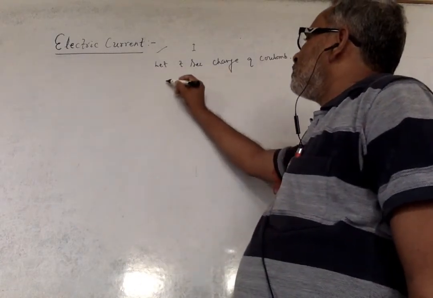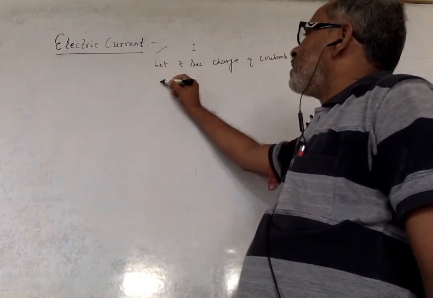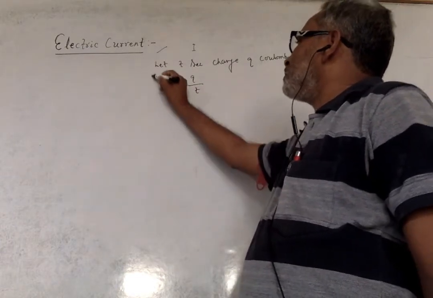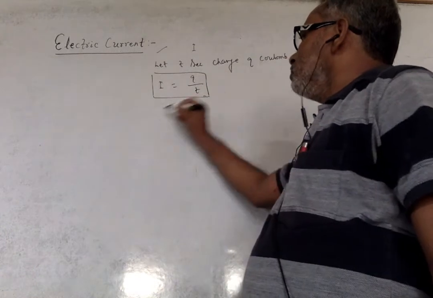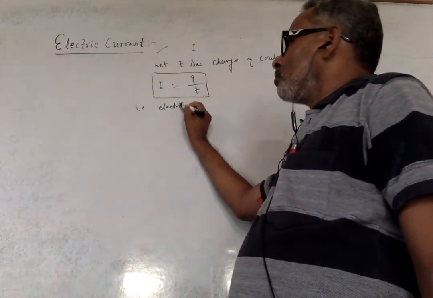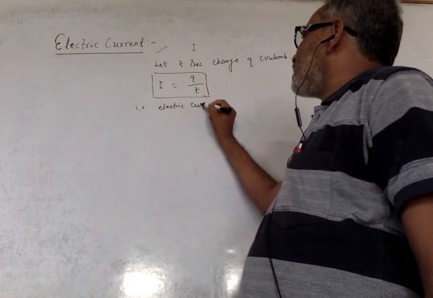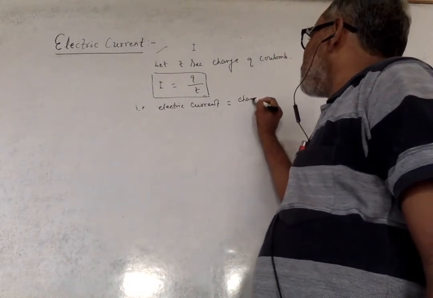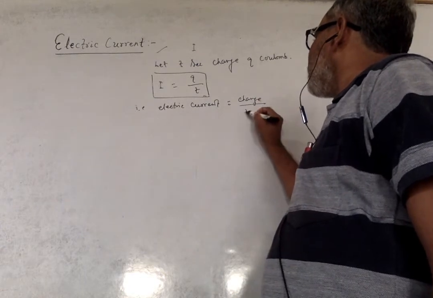Then we may write I equal to q by t. That is, electric current equals charge by time.